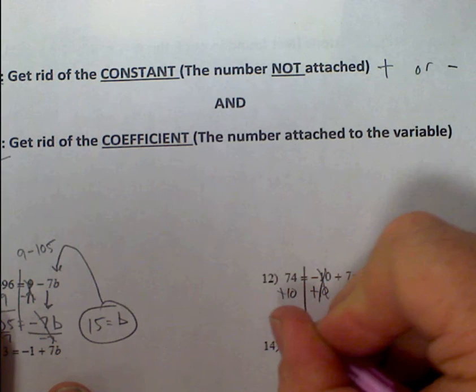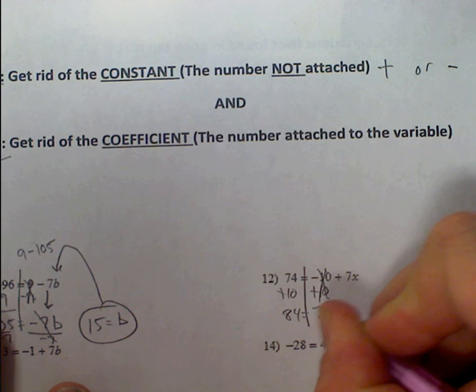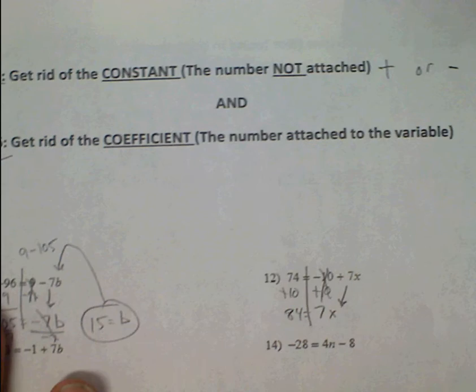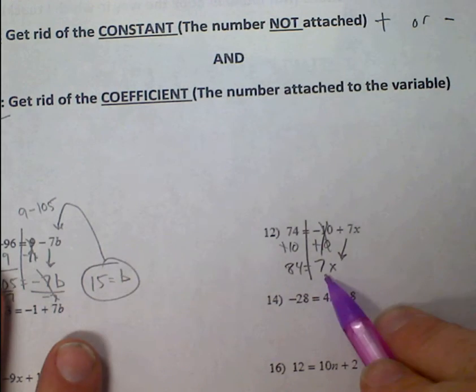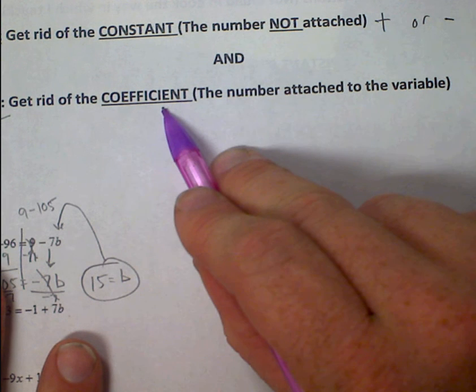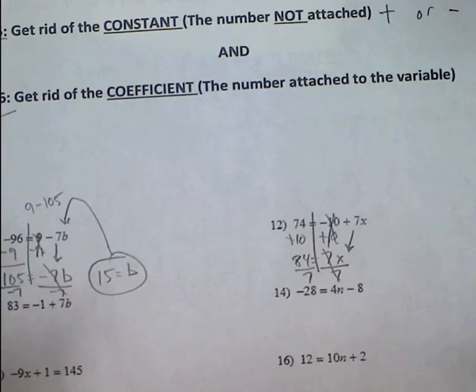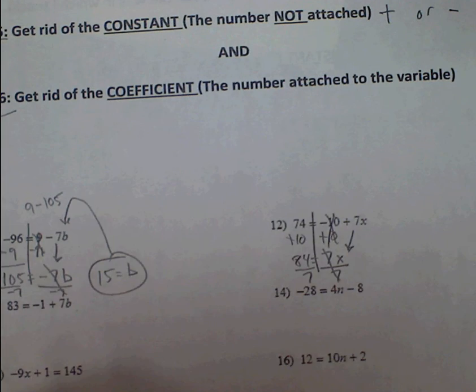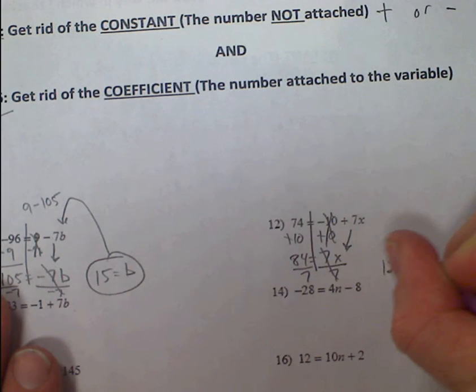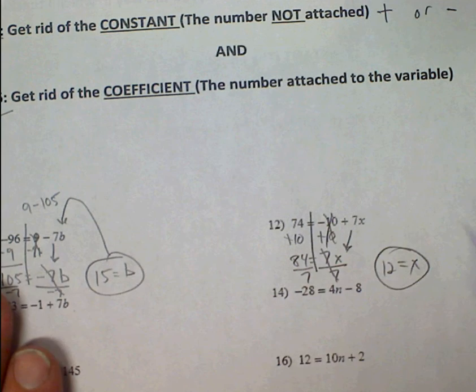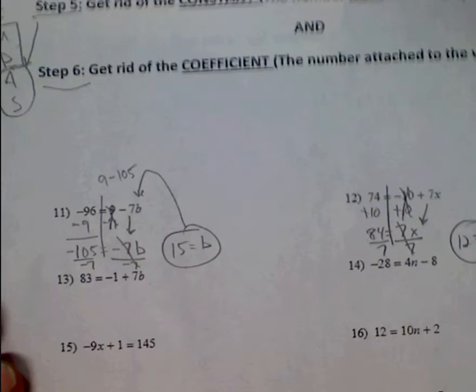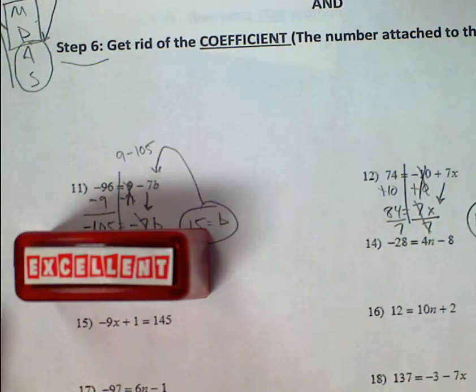This becomes 84. This is 7x. I bring it down. Now if I'm multiplying by 7, that's my coefficient. So in order to get rid of the coefficient, I have to divide by 7. 84 divided by 7 is 12. If I plug back in, it would check out. Go ahead and try number 13 by yourself.